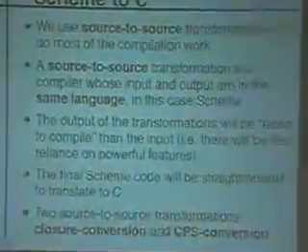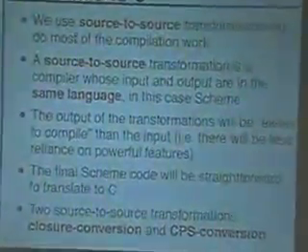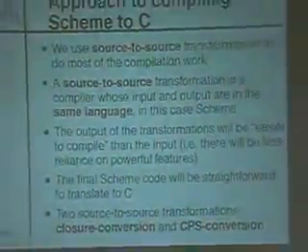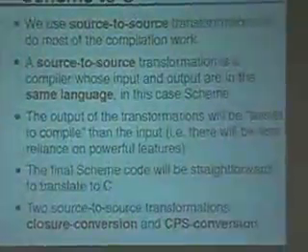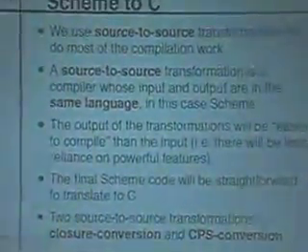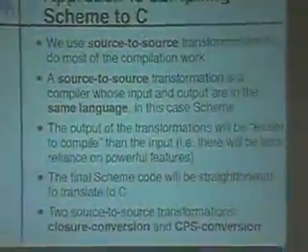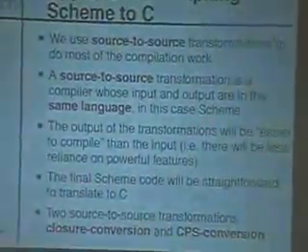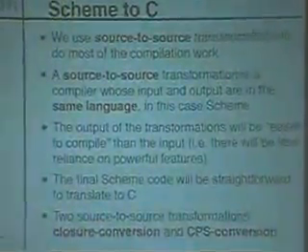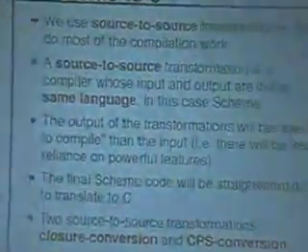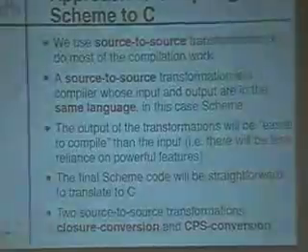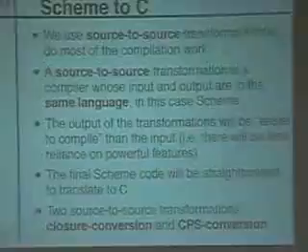Okay, so let's get on with the meat of the presentation. So this is how we'll go about compiling Scheme to C in this particular compiler. And the idea is to use source-to-source transformations to do most of the compilation work. And a source-to-source transformation is basically a small compiler whose source language and target language are the same language.